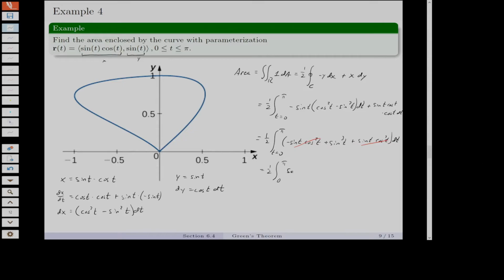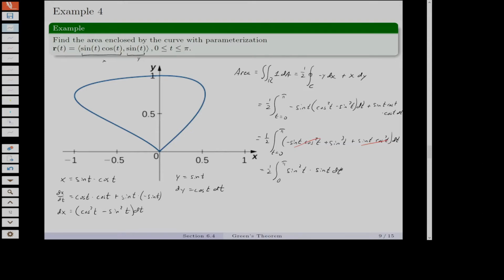I'm going to write that as sine squared t times sine of t dt. And the reason is, in order to integrate this, I'm going to want to use a u substitution. So I want to pick a piece for my du. If I'm going to use a trig function like sine or cosine, then the du needs either sine or cosine on there.